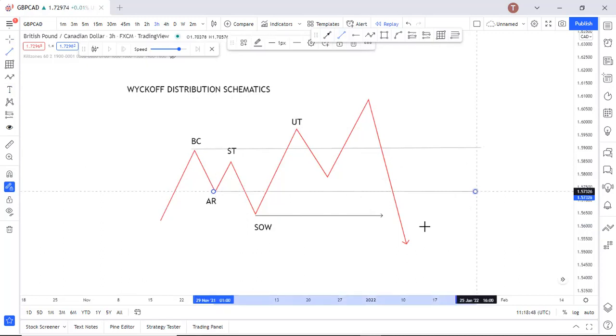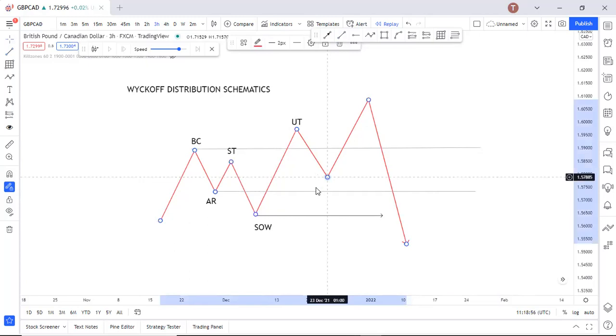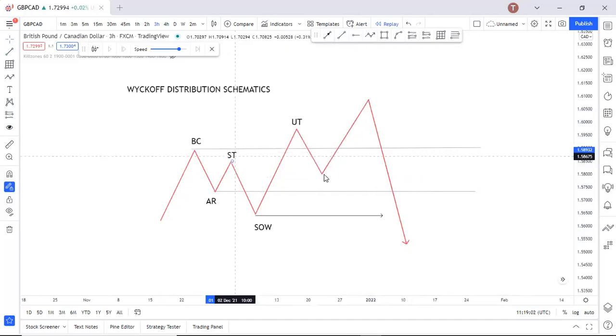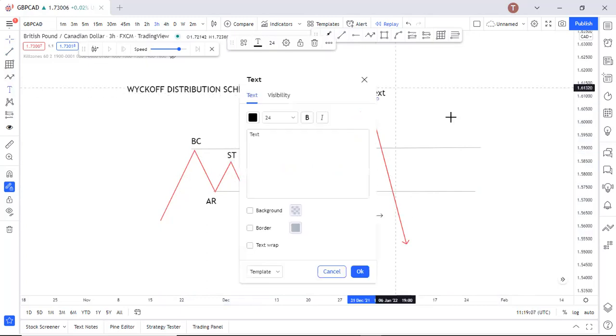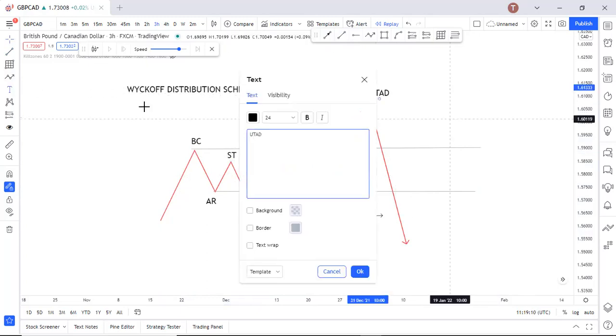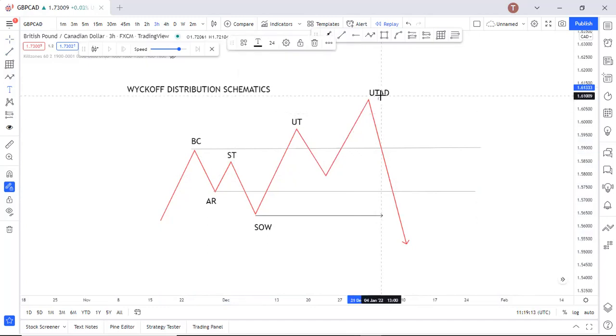So the UT goes back to mitigate at least 50% of this trading range. Once we have that retracement, this retracement then proceeds to give us what we call the UTAD.